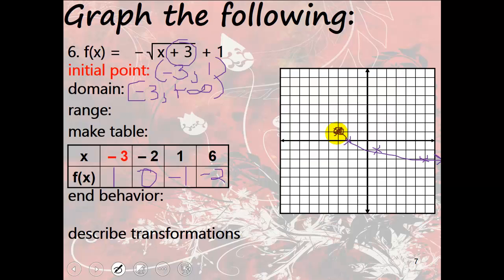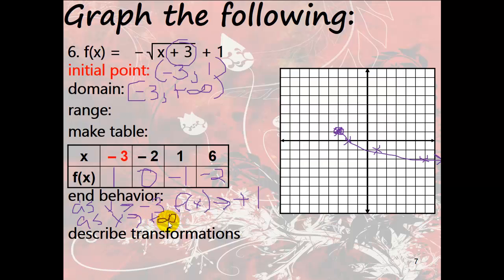My end behavior, got to take it to the initial point. So as x goes to my initial point, negative 3, f of x is approaching positive 1. As x goes to positive infinity, now watch what's happening here.